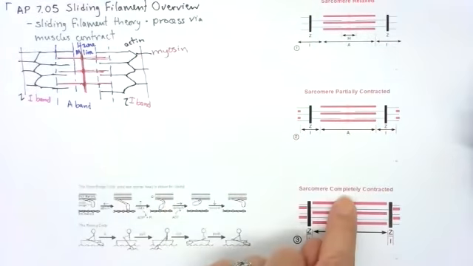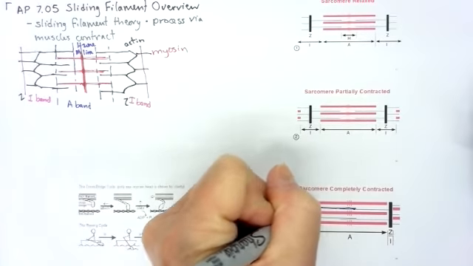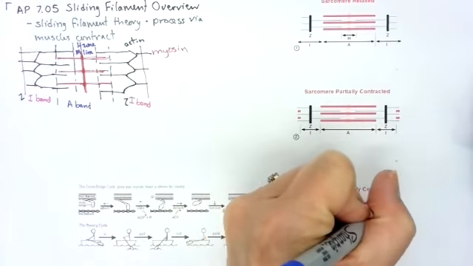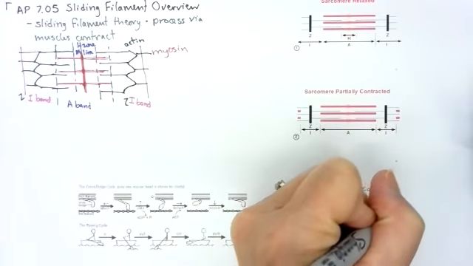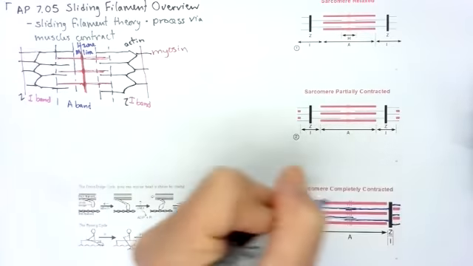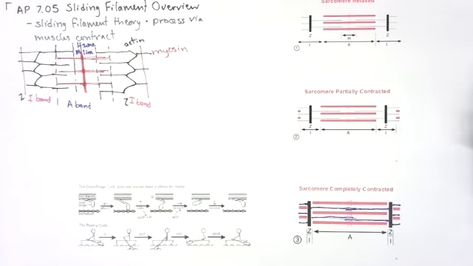But do I have any area down here in the completely contracted sarcomere where I have just myosin or just actin? Let me draw these in a little bit darker so you can see them, since they were kind of faint.